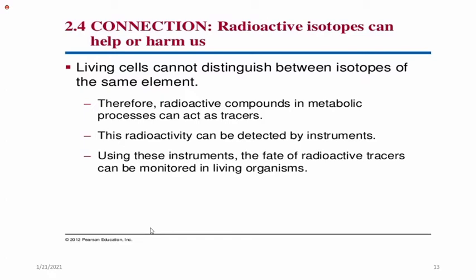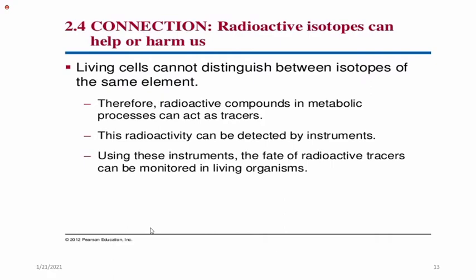Radioactive tracers are frequently used in medical diagnosis. Sophisticated imaging instruments are used to detect them. The imaging instrument that uses positron emission tomography, that is PET, detects the location of injected radioactive materials.